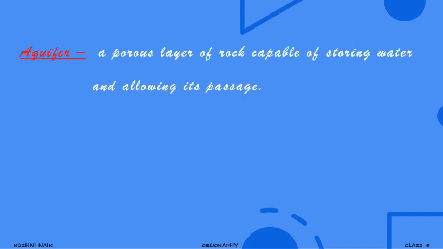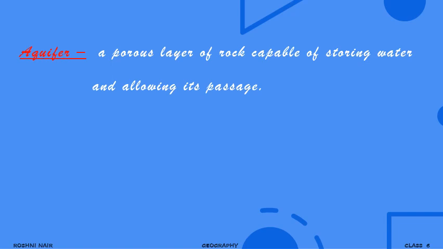Before we start our physical features, there are a few important terms which I wanted to refer. First one is aquifer. The meaning of aquifer is a porous layer of rock capable of storing water and also allowing passage of water through it.